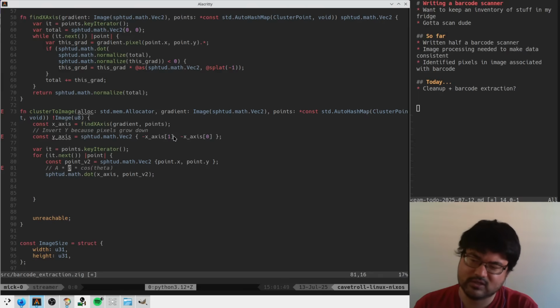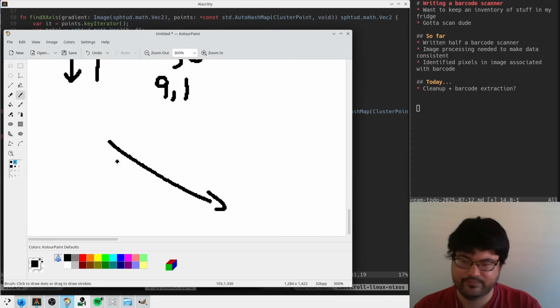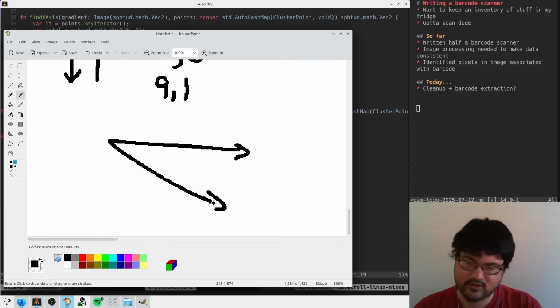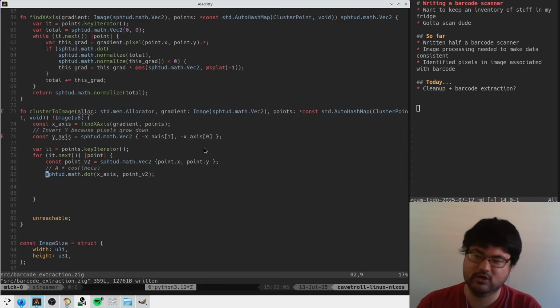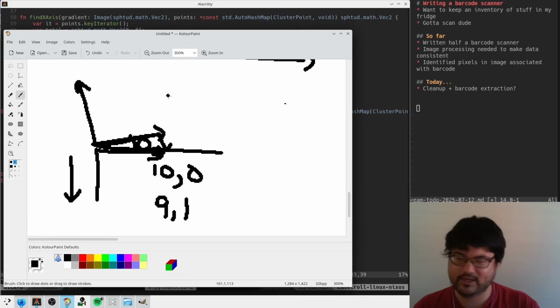The x-axis length is 1. So now we have a times cos theta, which is the length of the line to the point projected onto the new x-axis. So I think that this just gives us new x. And new y is just doing this on the y-axis.